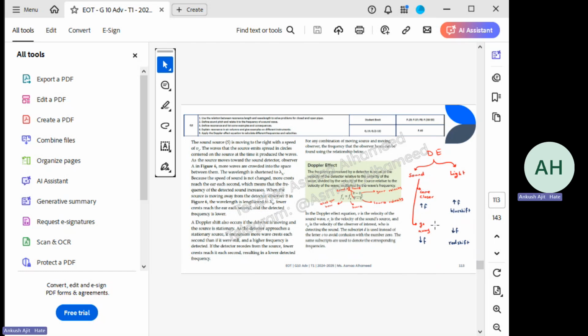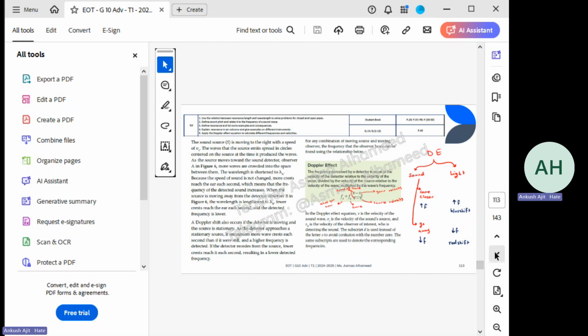For sound and light, see, come closer, frequency increases; go away, frequency decreases. Light, blue shift: frequency increases, and here red shift, frequency decreases, same thing. This is a point given here. Try to understand, nicely given.